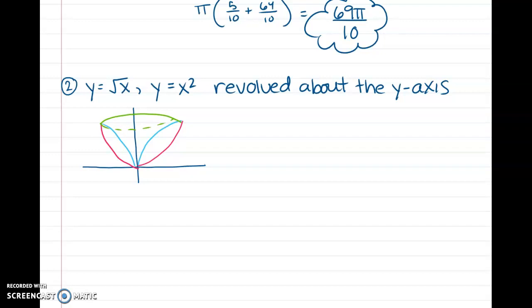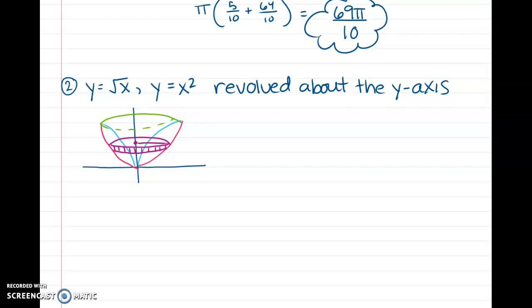We draw our disk. Looks something like that. And our radius. It's a little uneven, but we'll pretend it's not.